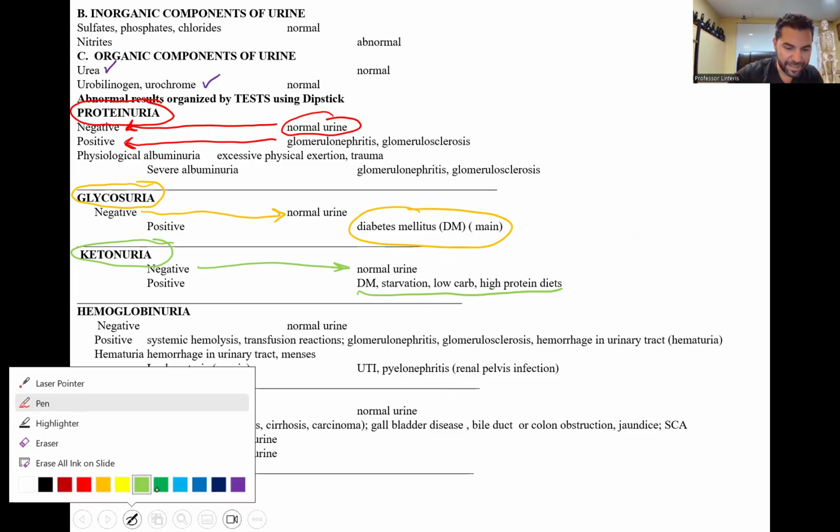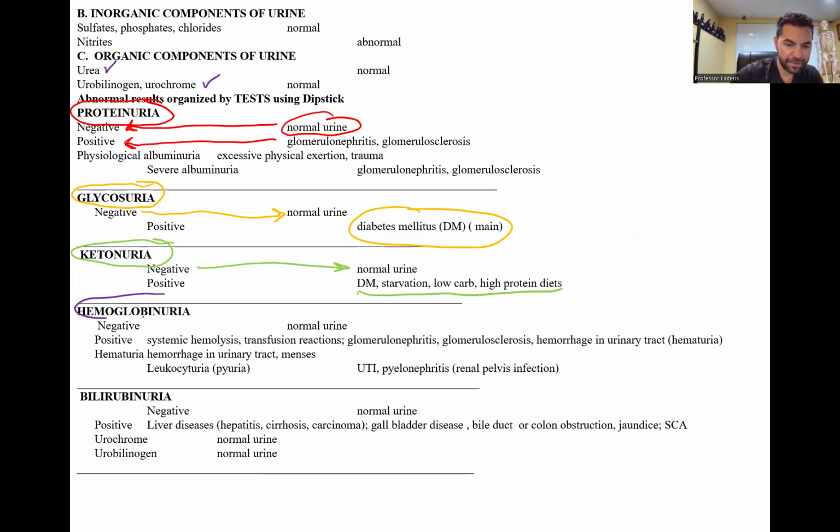Do we want to see blood in the urine or hemoglobin? No, we do not. That should be staying in the blood. Red blood cells are too big to pass through the capillaries. The hemoglobin should be in your red blood cells. So negative would be normal.